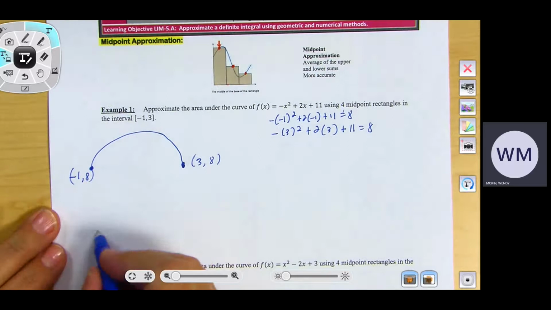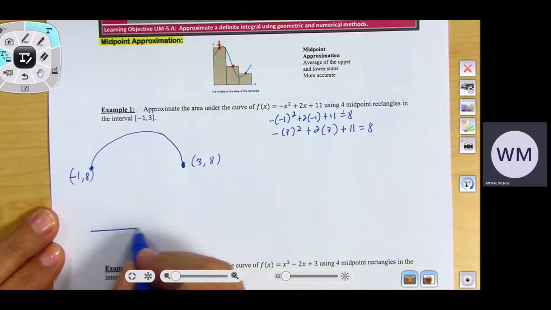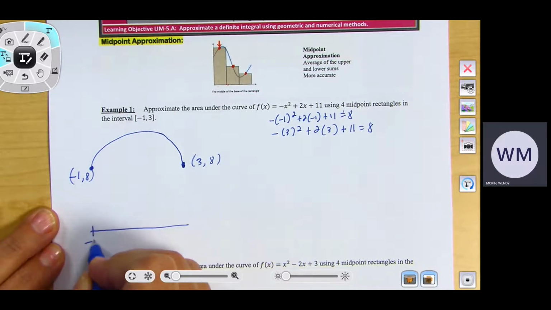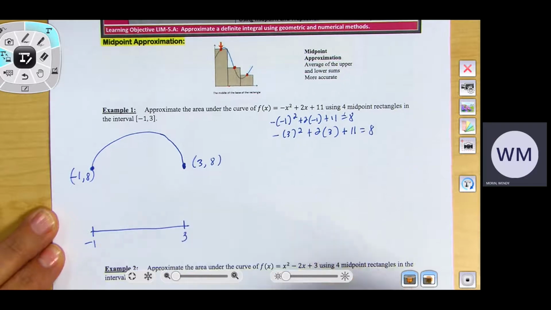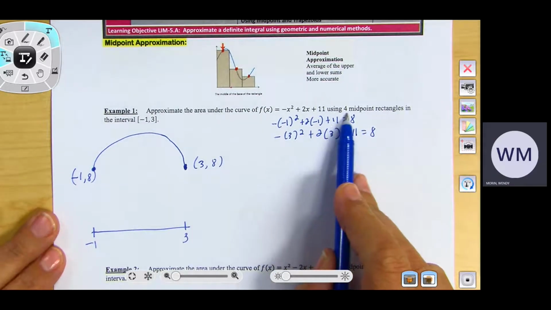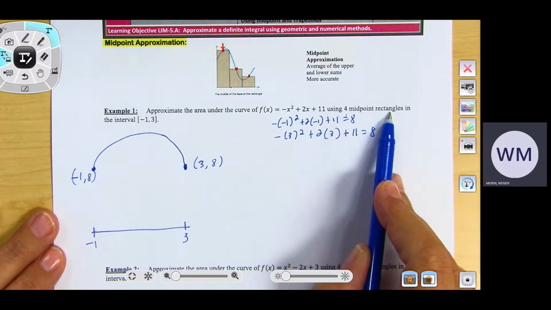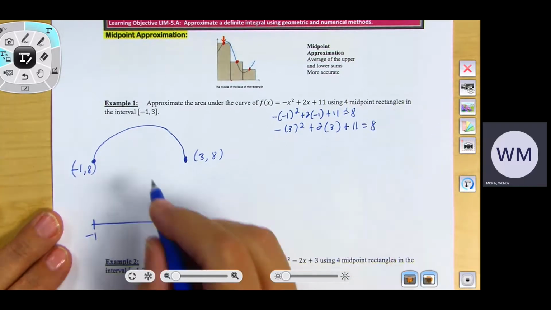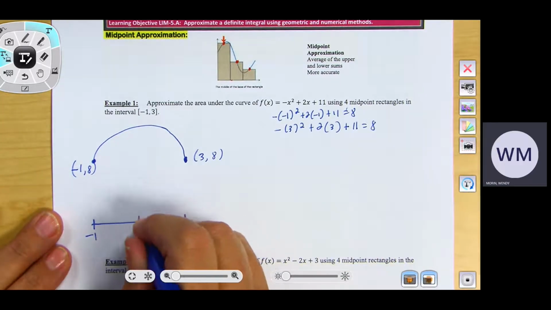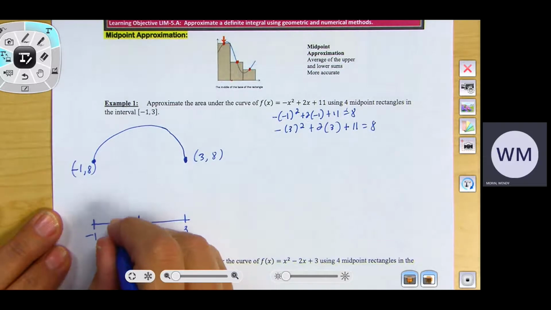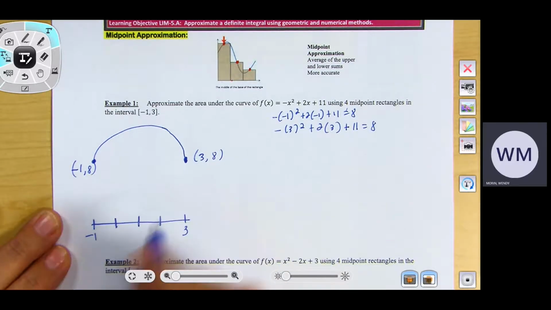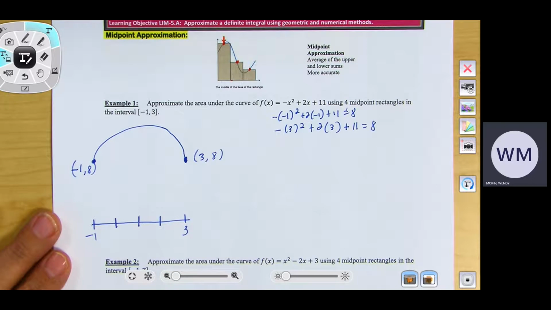So if we look at equally dividing that up from -1 to positive 3, it says use 4 midpoint rectangles. So we have 4 rectangles. If we cut it in half, that would be 2 rectangles. Cut that in half, that would be 4 rectangles.